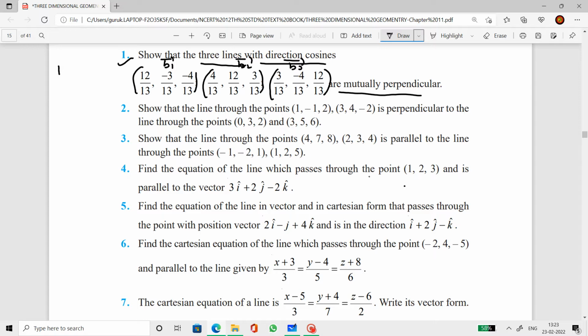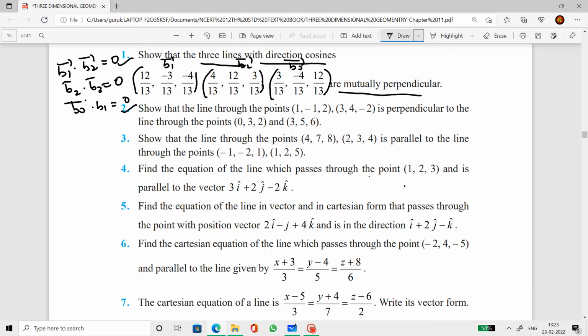Now multiply the dot products. If B1 dot B2 equals 0, B2 dot B3 equals 0, and B3 dot B1 equals 0, then they are mutually perpendicular. So there will be 0 here. Okay, so that's how we do the first sum.